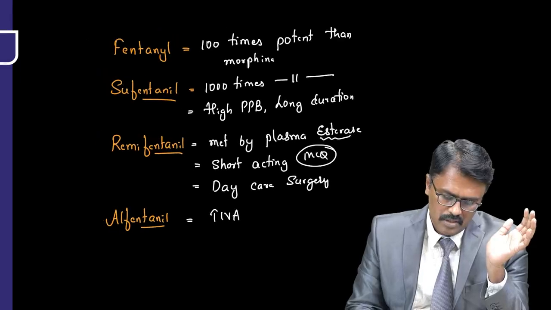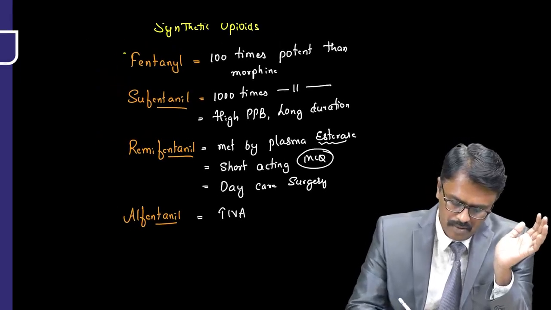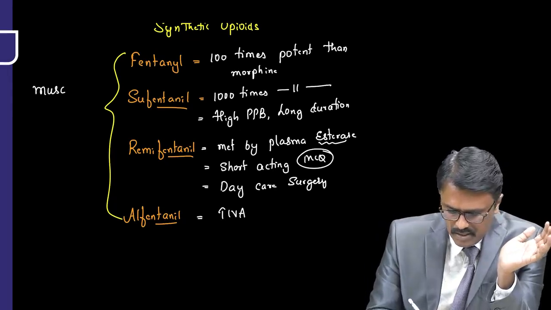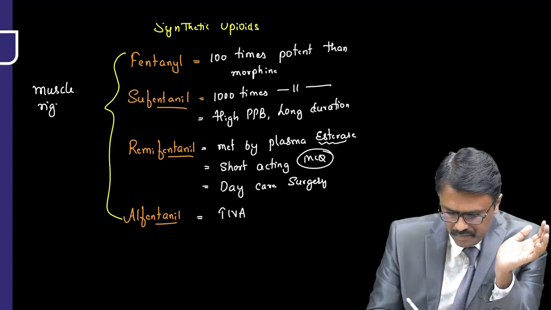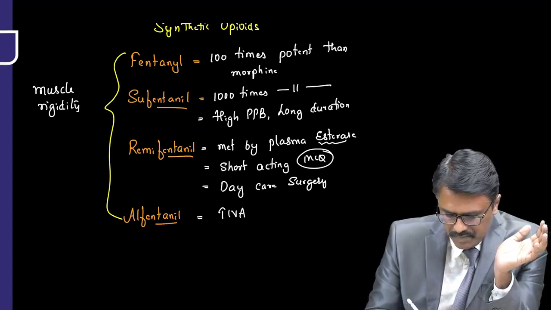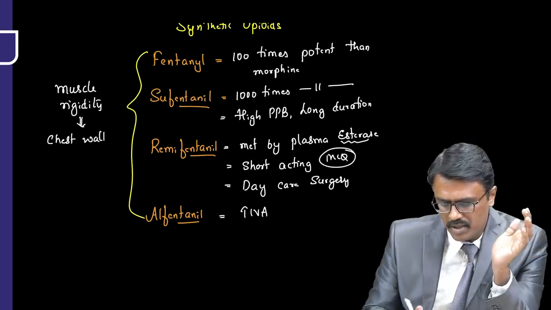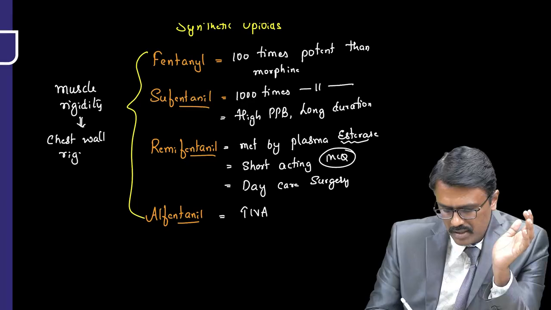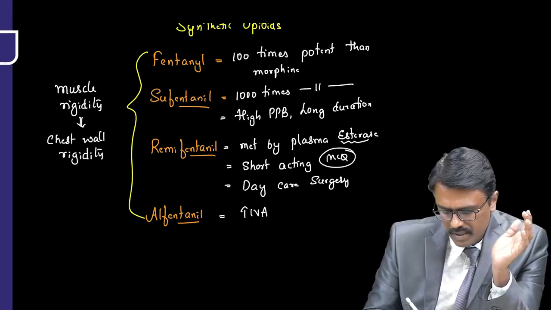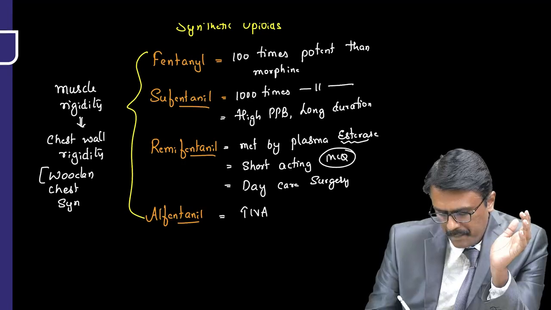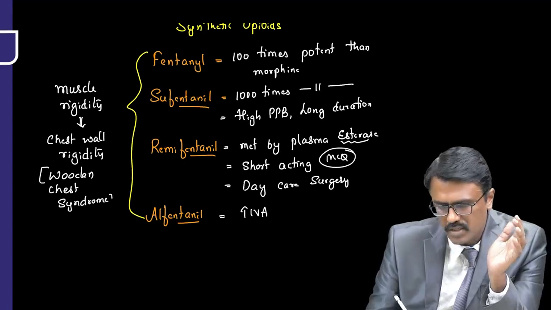Now all these drugs, when we use them, there is one common problem. They all cause muscle rigidity, and the main muscles affected are the chest wall muscles. So the patient will have post-operative chest wall rigidity, and we call it wooden chest syndrome.